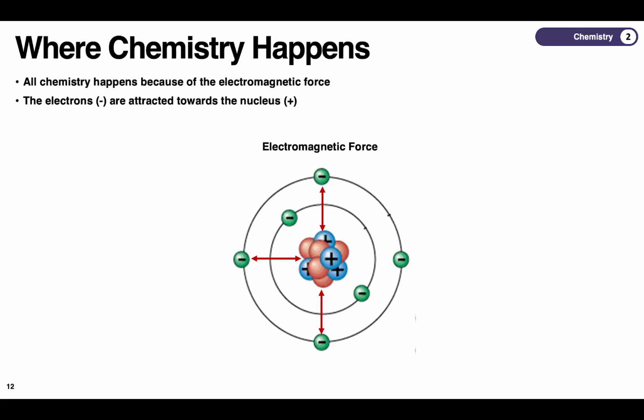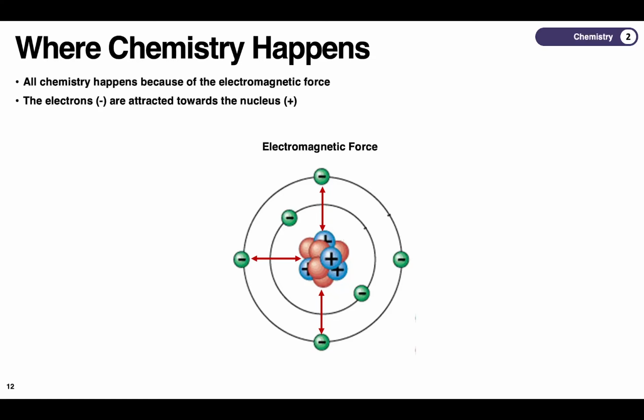You can see here a depiction of the nucleus of an atom formed with positive protons and neutral neutrons, around which we have negatively charged electrons. Of course, the size is exaggerated, and the distance is not exaggerated at all.